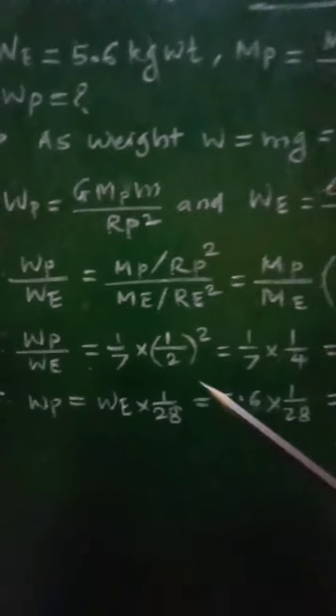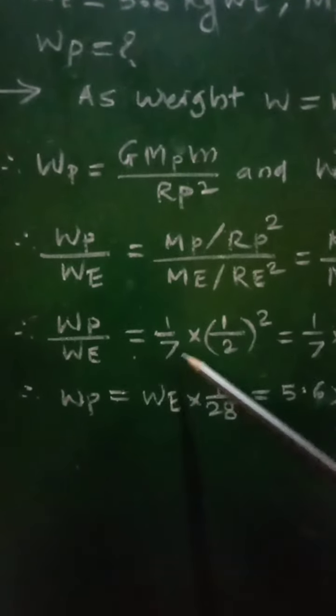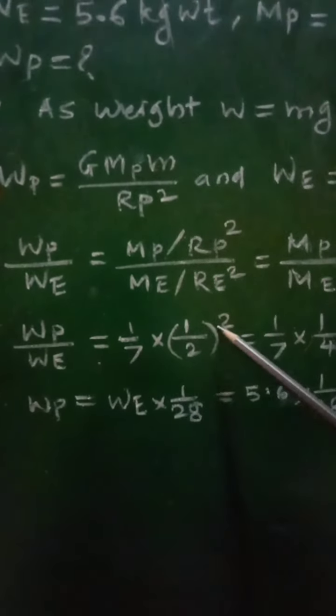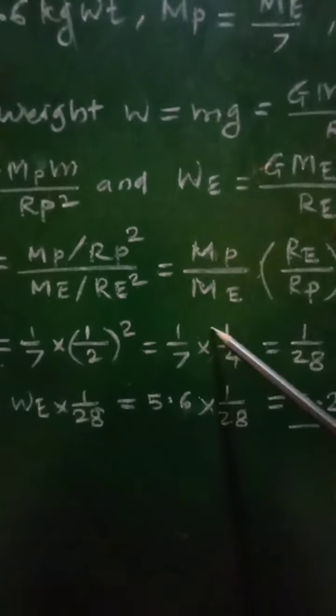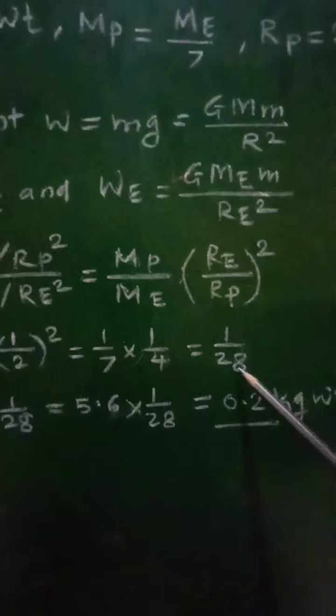Putting the values, we will get WP by WE equal to 1/7 into 1/2 square, that will be equal to 1/7 into 1/4, which comes out to be 1/28.